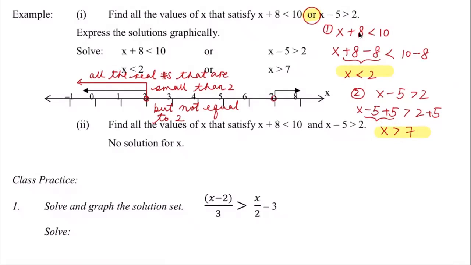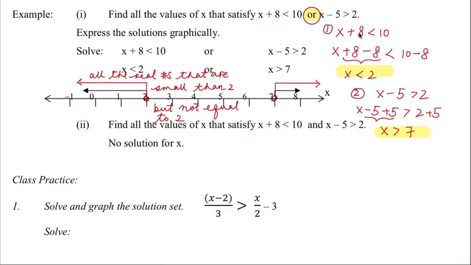So we draw a small circle here, and then we draw this, right? And this means I'm including all the real numbers greater than 7, but not equal to 7.